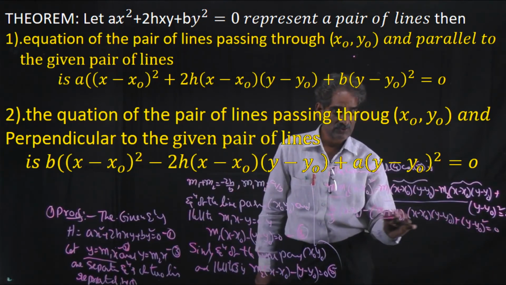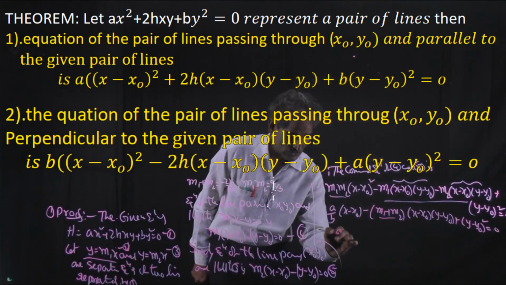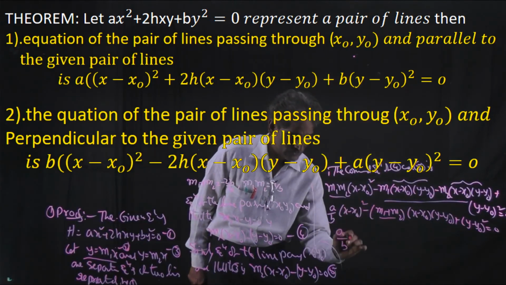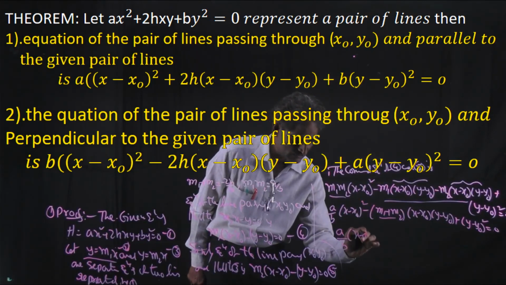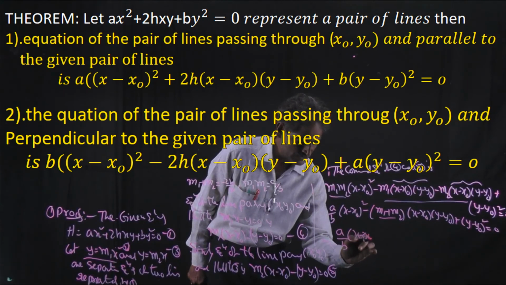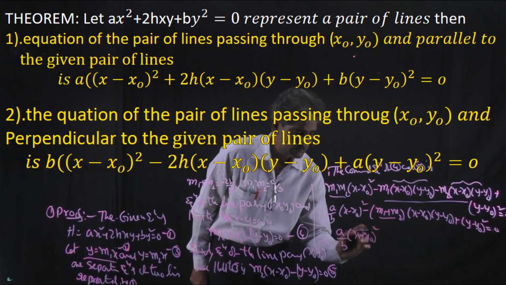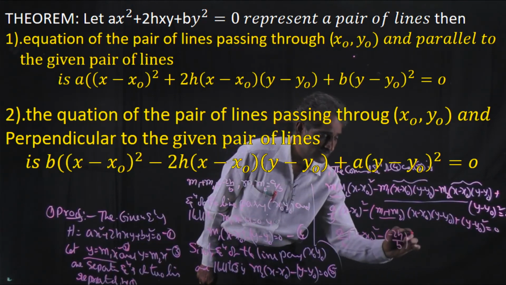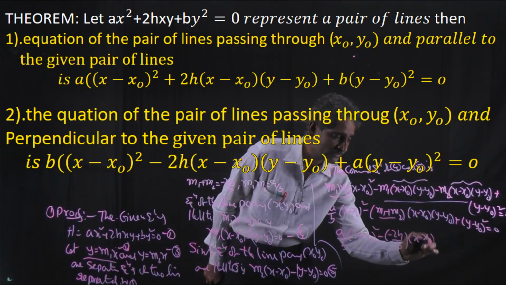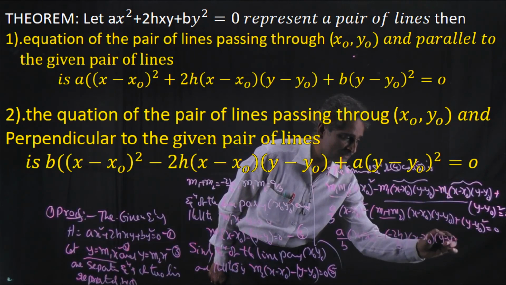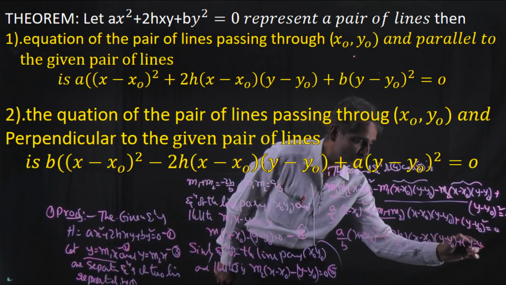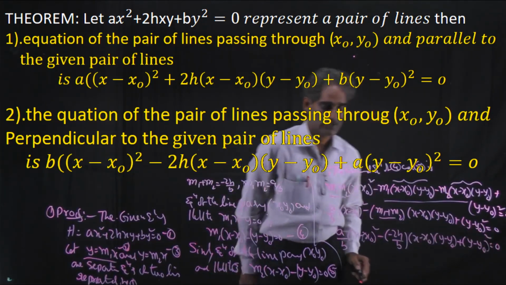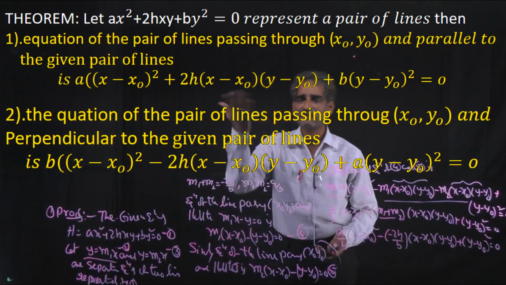Now write down the value of this also: a/b (x - x0)² - 2h/b (x - x0)(y - y0) + (y - y0)². Now take the LCM, then we will get the required one.